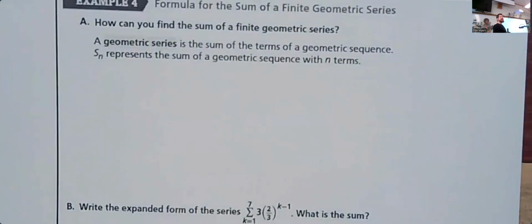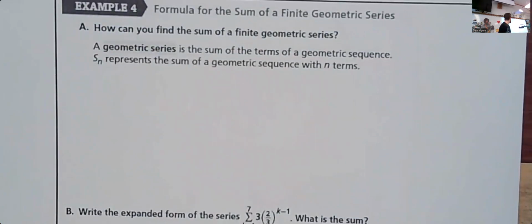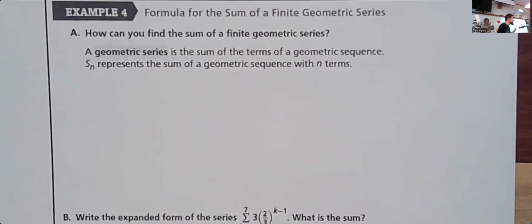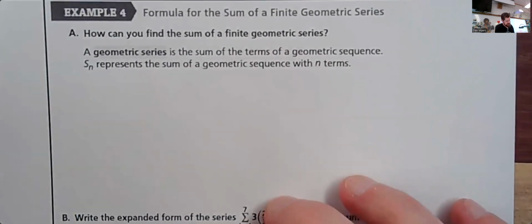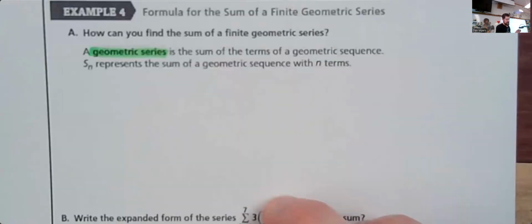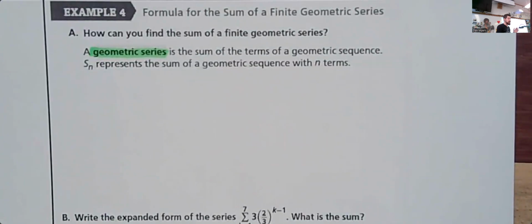So that was geometric sequences. The difference between a geometric sequence and a geometric series is that a geometric sequence allows you to figure out an individual number within a sequence. What term are we looking for? A geometric series, on the other hand, gives you the sum of all the terms in the sequence.